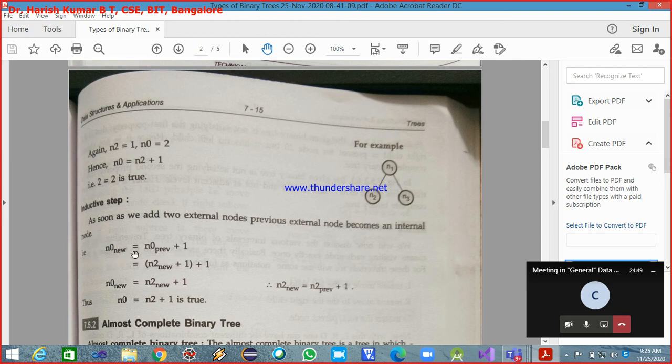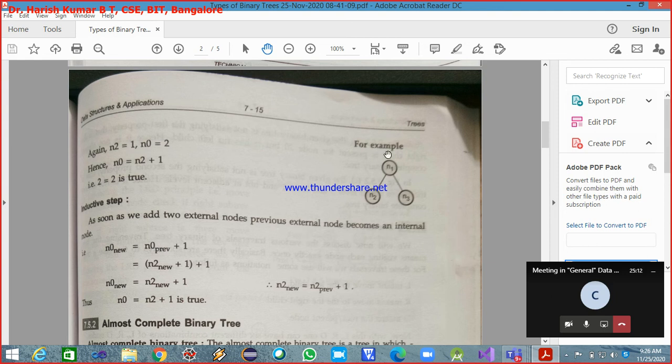Now the total number of new external nodes after adding the external nodes is equal to the total number of previous external nodes plus 1. And this is equal to N0 previous.